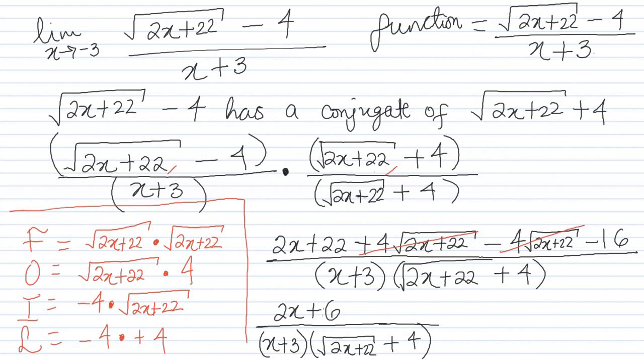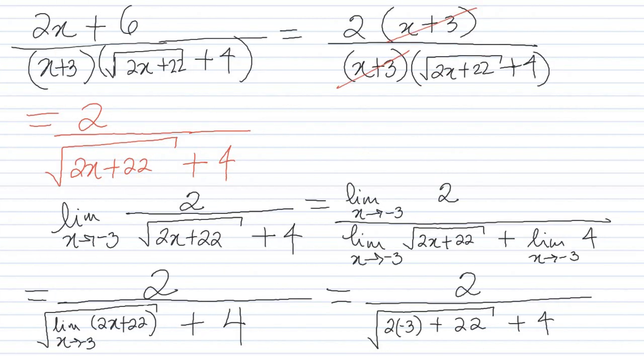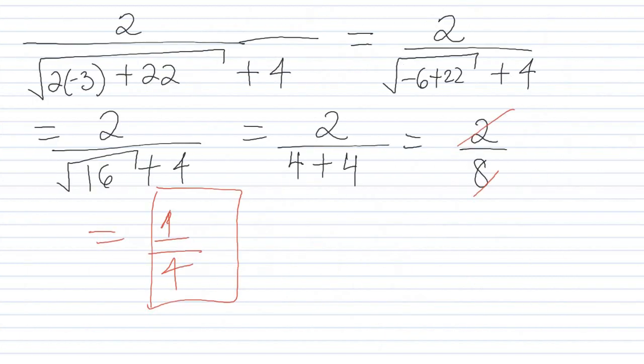If we break down the function by multiplying the numerator and denominator of the fraction by the conjugate of that root, you end up simplifying the function, and then you apply the limit. When you're done, you get your answer, in this case 1 over 4. So that's basically what we did.